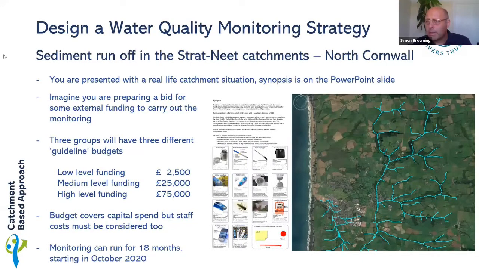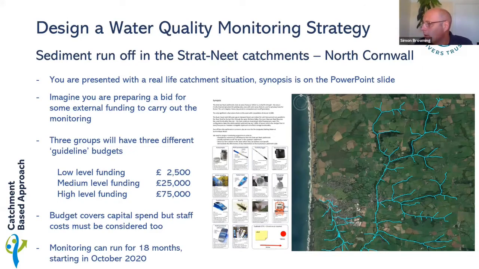So now, hopefully you can see on the PowerPoint slide titled Design a Water Quality Monitoring Strategy. What we've got for your entertainment is a real world problem that is bubbling up here where I live. Actually, I live in Bude.